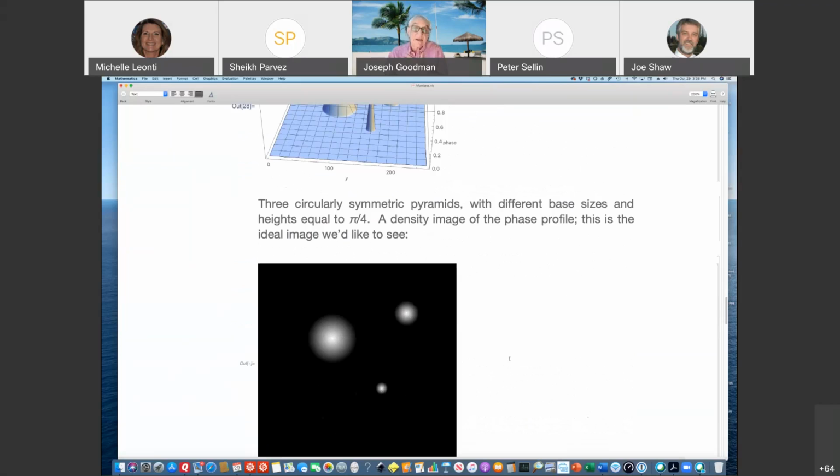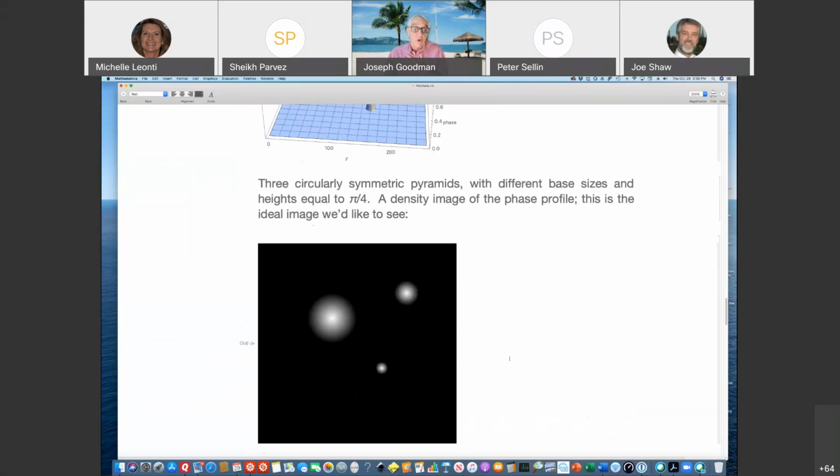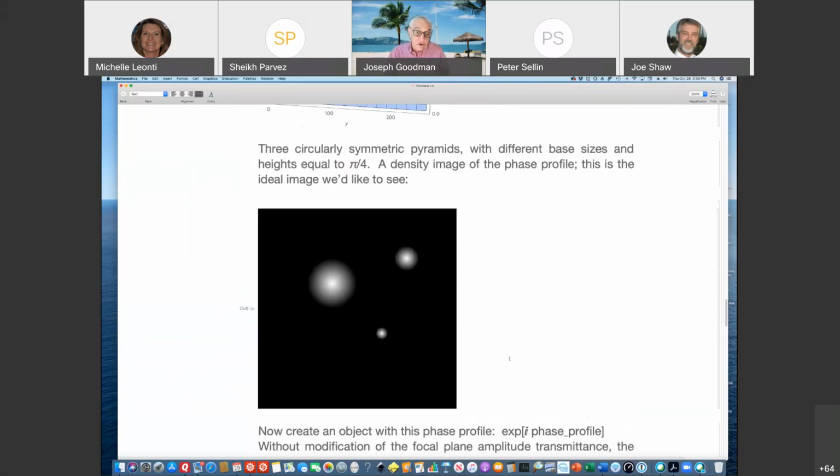If we have an imaging system that somehow is able to accurately show us in its intensity what the phase is at each point in the object, we should see an image like this. This would be an ideal image that we would obtain if we can.